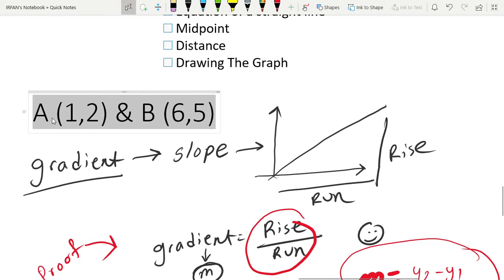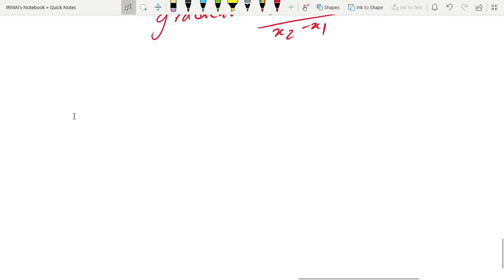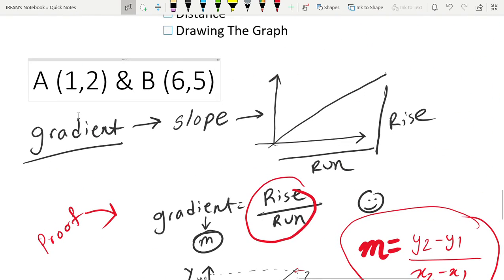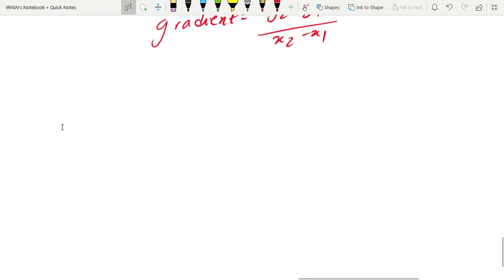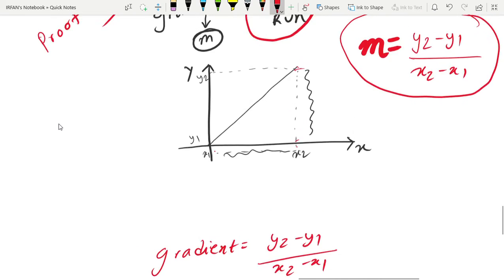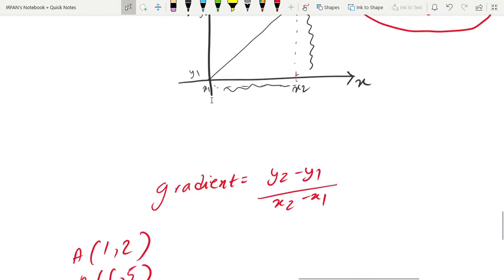So we have two coordinates, A (1, 2) and B (6, 5). I have taken this as an example.